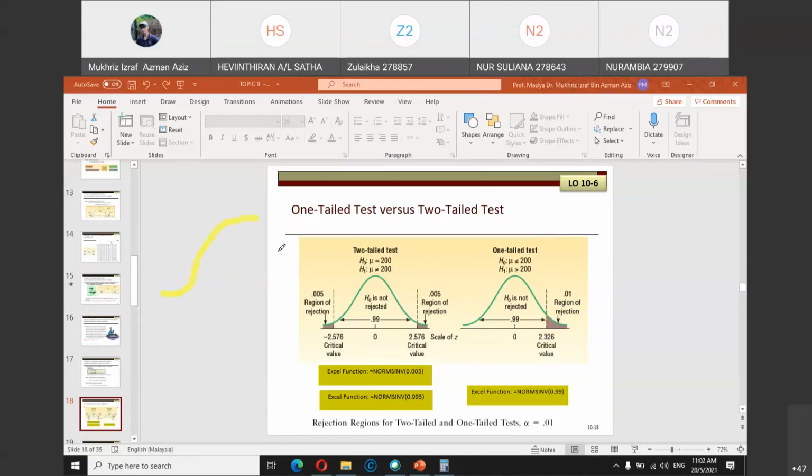So if this area is 0.01, that's what is stated here. Let me cut this graph into half. If this area is 0.01, and we cut this graph into half, what should be the remaining area here? It should be 0.49.